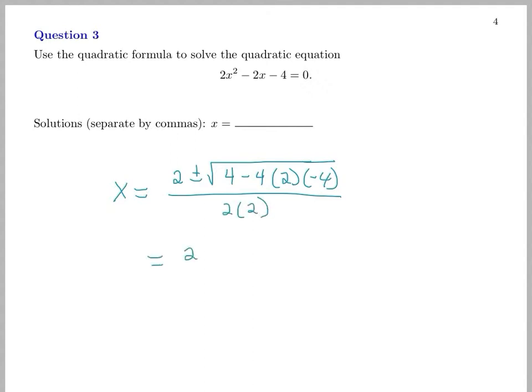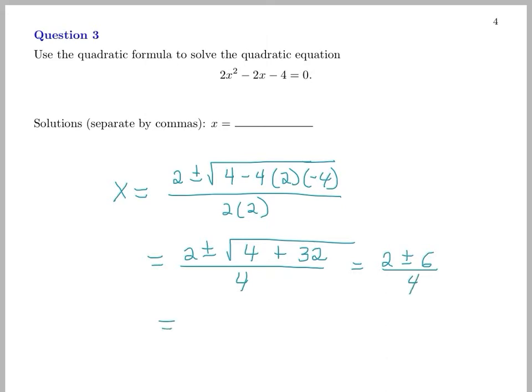So it's going to be 2 plus or minus the square root of 4, and I have two minuses, so that's going to be plus 32 over 4, which is 2 plus or minus the square root of 36, which is 6, over 4.